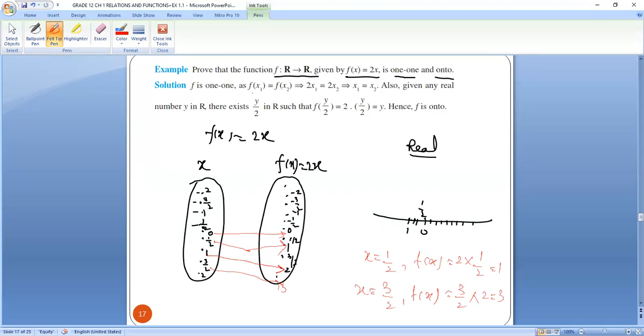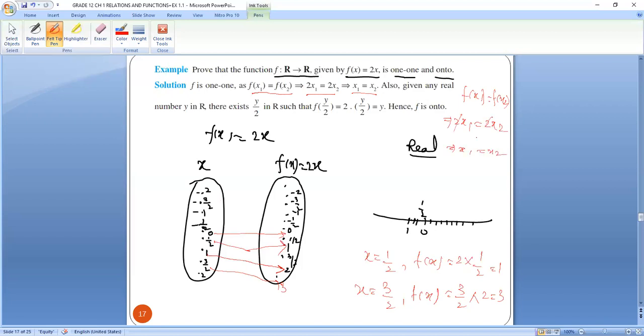Mathematically we can show f of x1 is equal to f of x2 implies 2x1 is equal to 2x2 implies x1 is equal to x2.